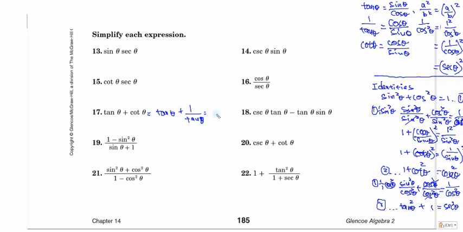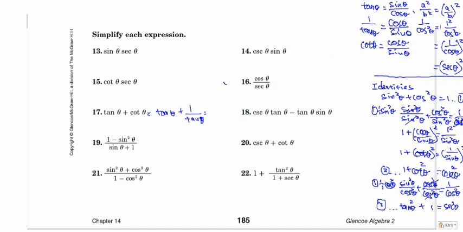Now let's combine these two into one. So let's create a denominator of tangent theta. So if I make the denominator tangent theta, it becomes tangent theta times tangent theta in the numerator. So this becomes tangent square.